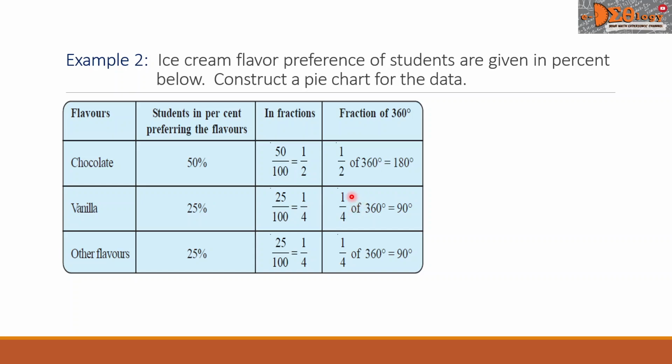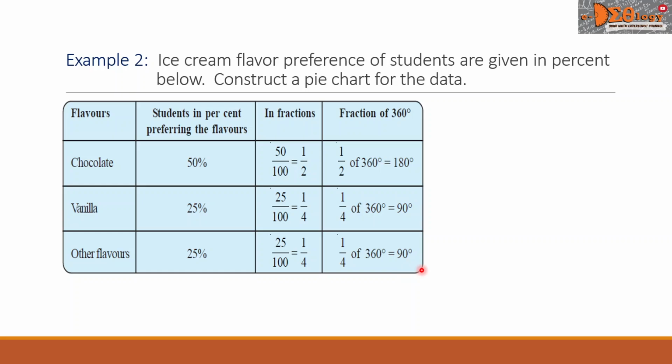We compute for 1/4 of 360 degrees. So that is 360 degrees divided by 4, we will get 90 degrees. Same value will come for 25%. That will be 1/4 of 360 degrees, and that is 90 degrees.